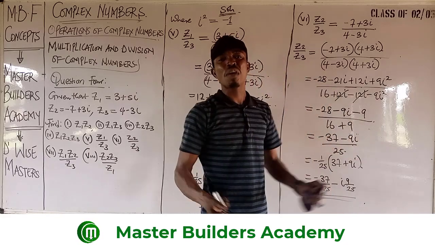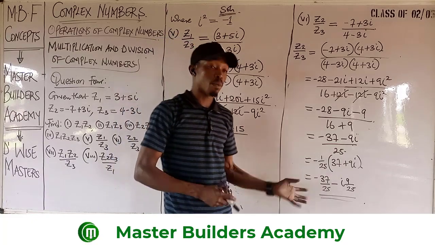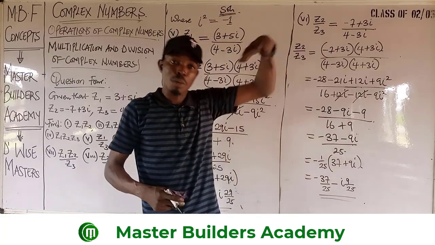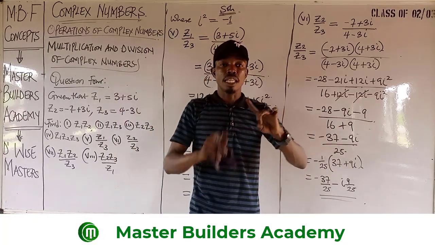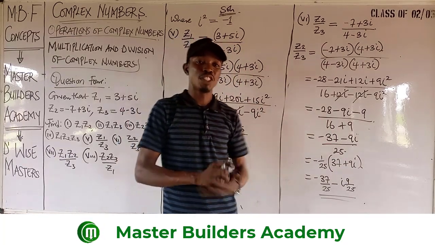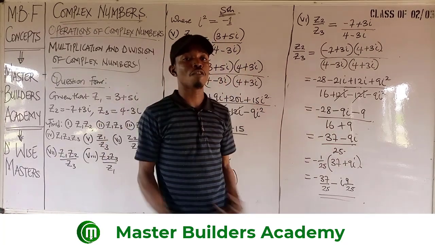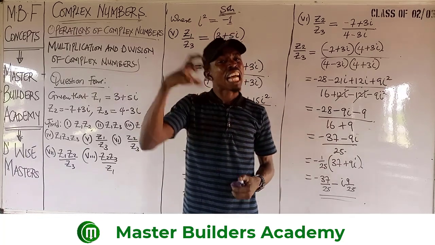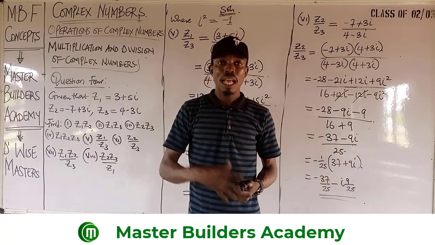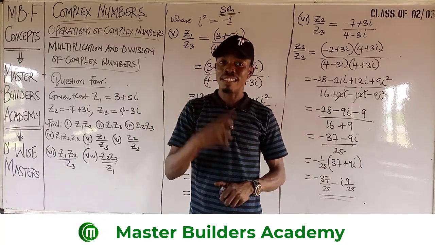This is the answer. Anywhere you decide to stop, that is the answer. But if you are dealing with objective questions, at least your options should give you the boundary where you leave your answer. So we have been able to solve 2 questions so far on that division of complex numbers. Like I said earlier, they are all the same thing.